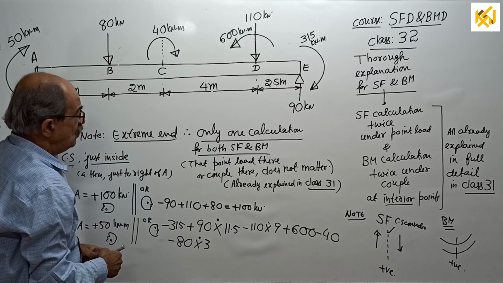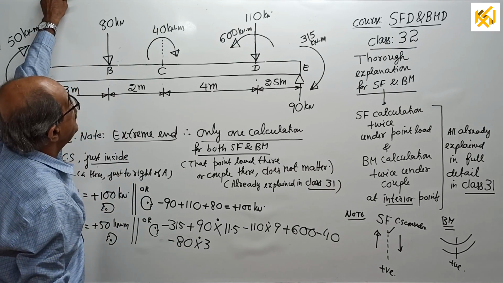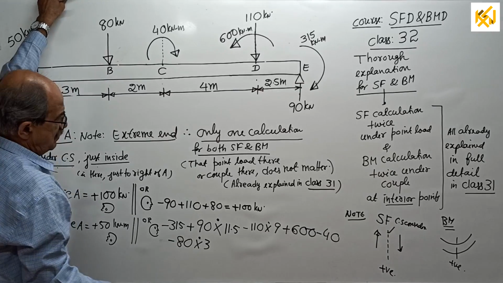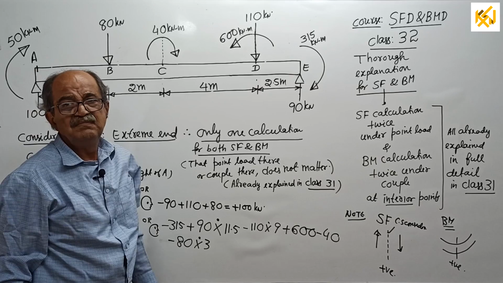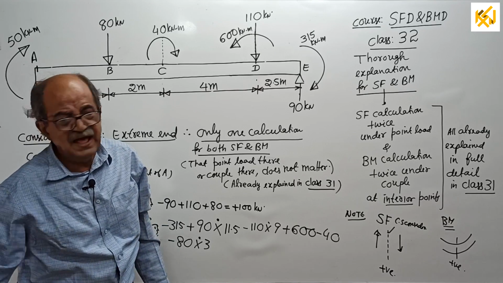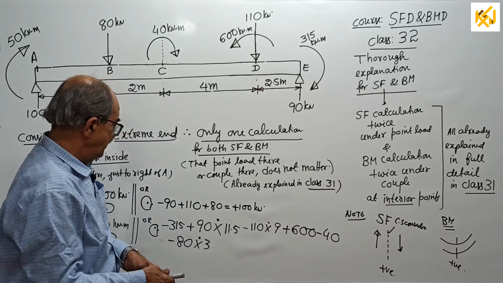I'll check once again now. Minus 315 plus 90 into 11.5 minus 110 into 9 plus 600 minus 40 minus 80 into 3. Yes. See, my calculator is there. I am not going to touch the calculator now. I am just writing the answer.